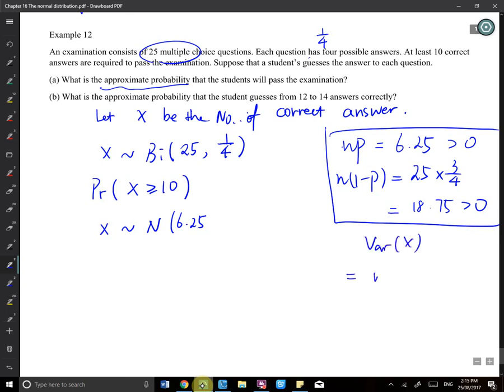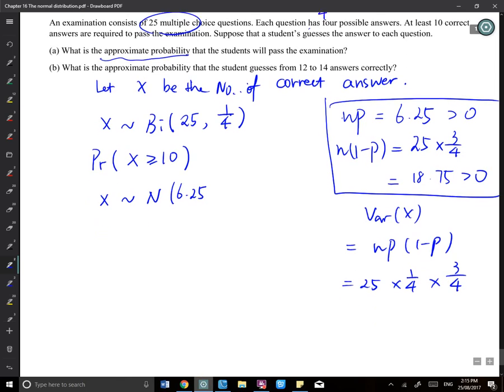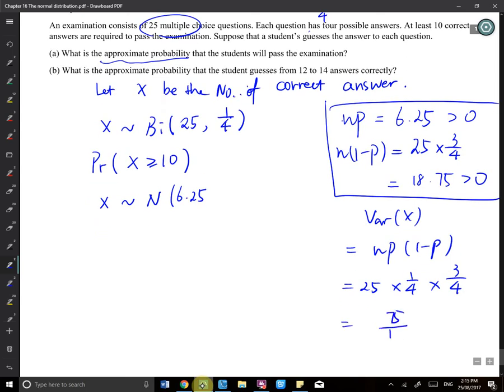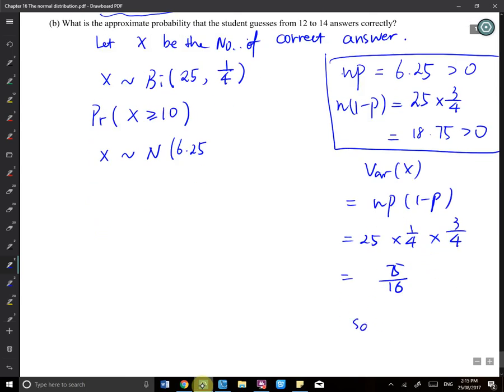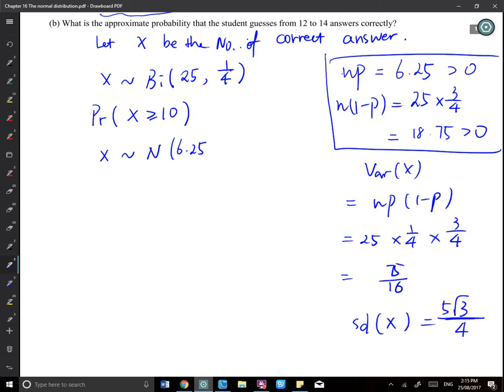Var(X) equals np(1 minus p), that's 25 times a quarter times 3 quarters, that's 75 over 16. SD(X) is the square root of 75 over 16, which is 5 root 3 over 4. That's the standard deviation, just square root the variance.